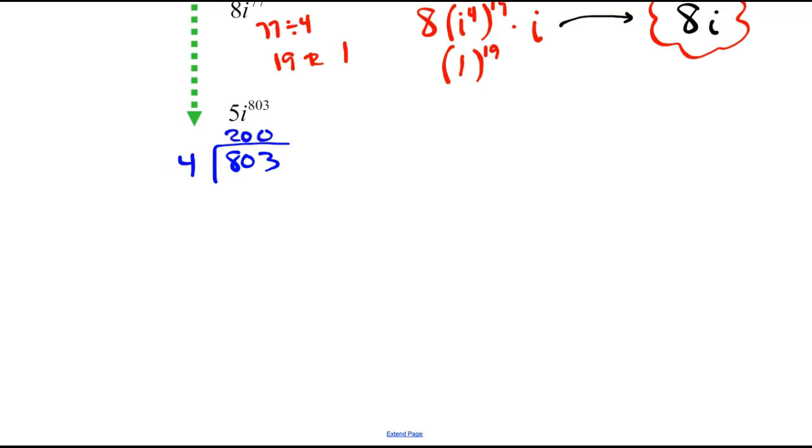That's 200 remainder 3. So the remainder 3 is what I really have left. So this is like 5 times i cubed. i cubed is negative i, so that's the same as 5 times negative i, or negative 5i.